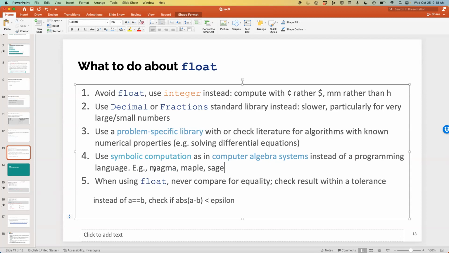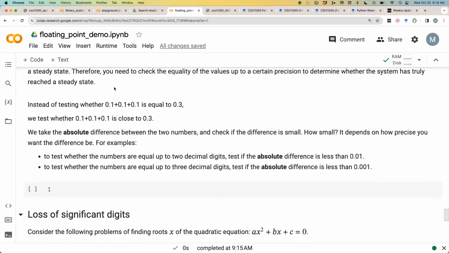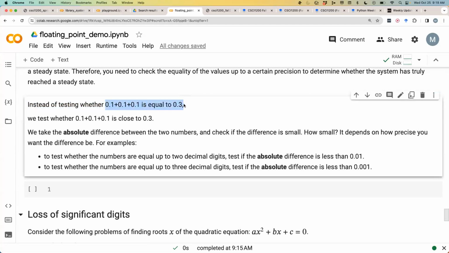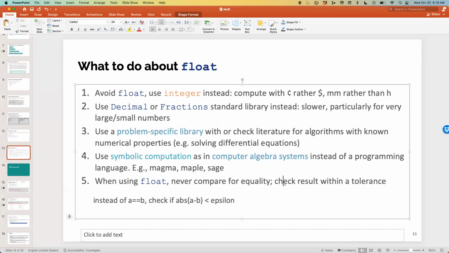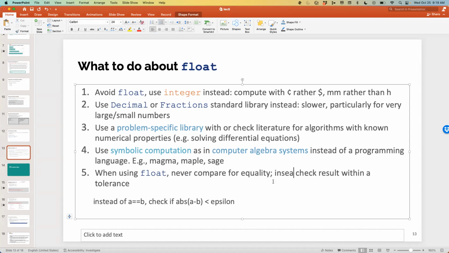And also, one more thing, when using float, you never want to compare for equality. Okay, so you don't want to compare, for example, whether 0.1 plus 0.1 plus 0.1 is equal to 0.3. When dealing with float, you don't do comparison using equality, but you compare by checking whether the two values that you want to compare are close to each other.